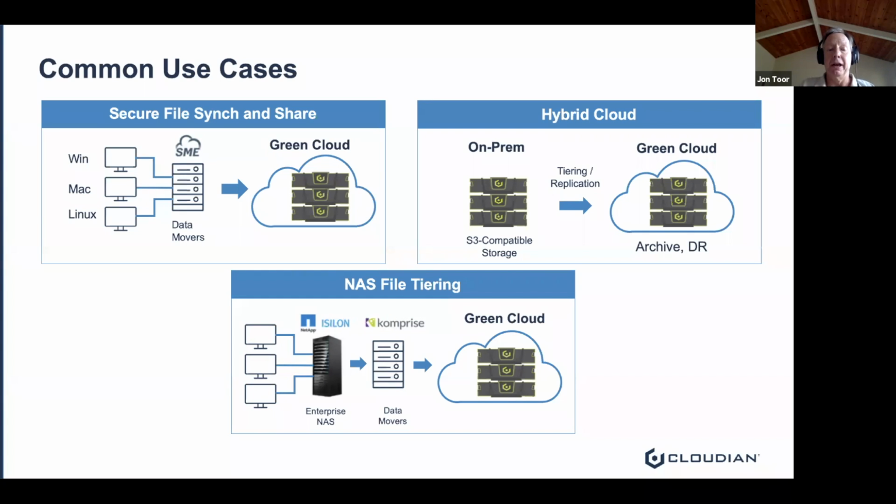And then finally, hybrid cloud. This is a subject a lot of people are interested in. We make it very easy to keep data in an on-prem environment and keep a copy in the cloud or tier data off to the cloud. So you have old and cold data in the cloud, fresh data on-prem. Either way, whether you're replicating for DR or you're simply trying to get more capacity, we make it very easy to set up a hybrid cloud environment as well.